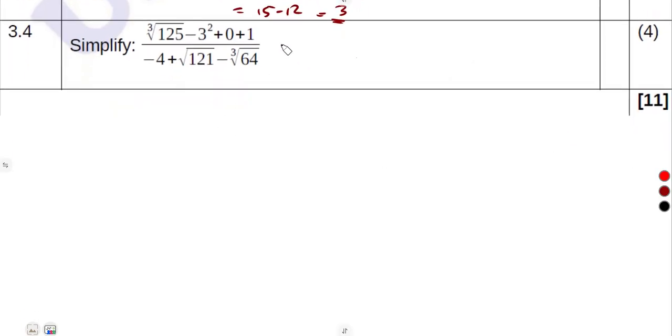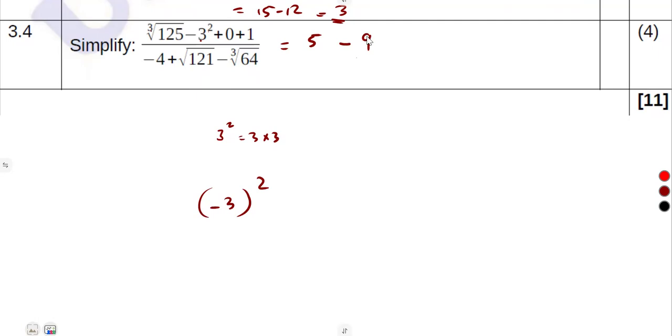This one we are given the cube root of 125, the number that multiplies itself 3 times to give us 125, that's a 5. So the cube root of 125 is 5. Minus 3 squared, that's 3 times 3, which is negative 9. Take note, the negative is not in a bracket like this. It is on its own.